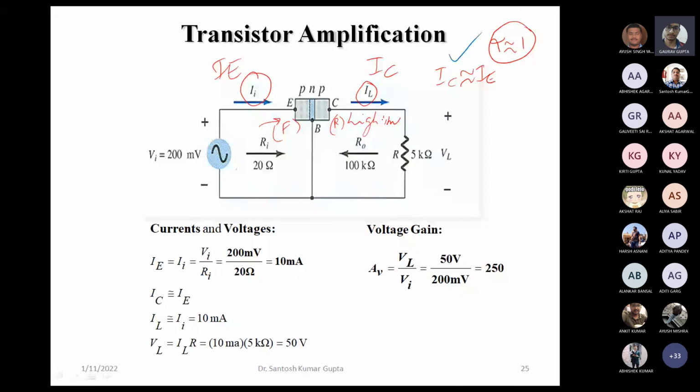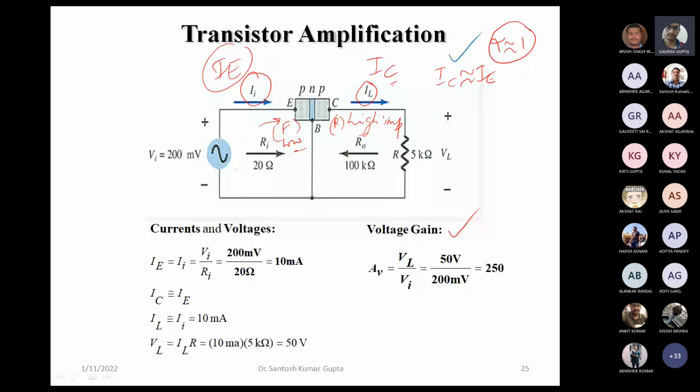So we are able to transfer the current IE as IC, which is almost equal to IE, meaning the same amount of current over different resistances, from low to high. This gives a kind of amplification in terms of voltage gain.